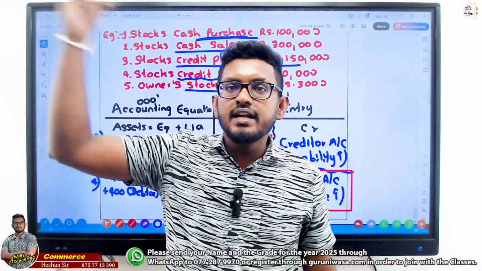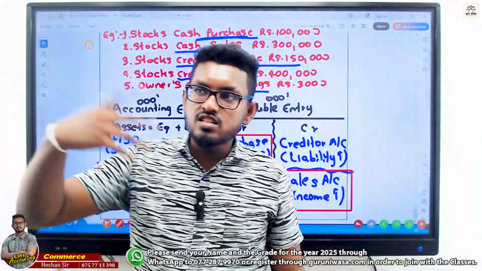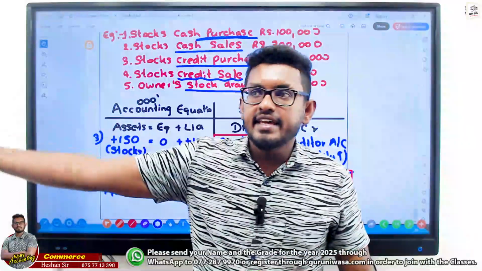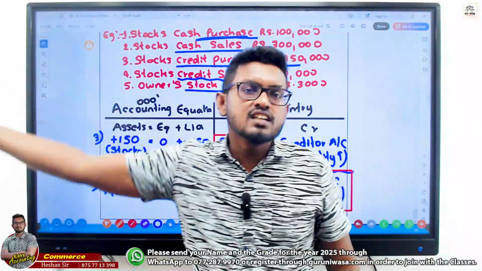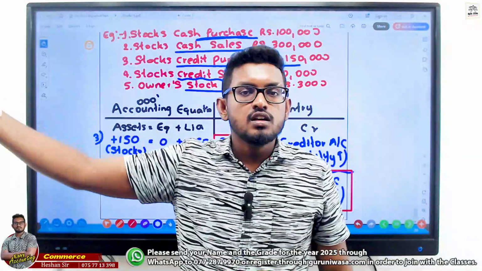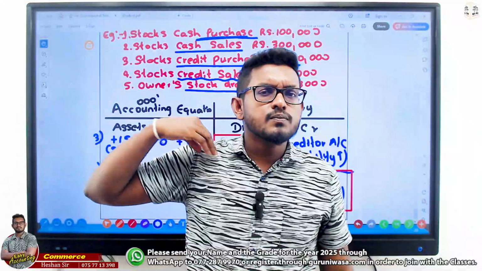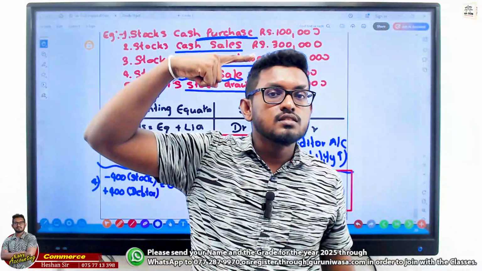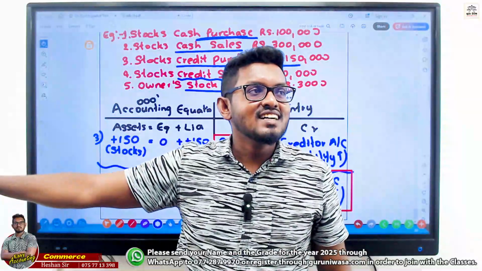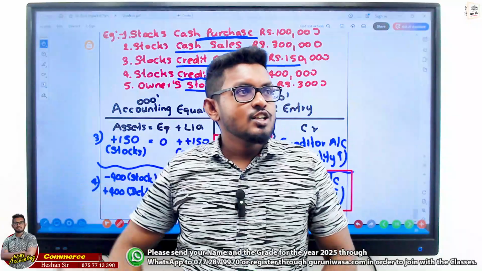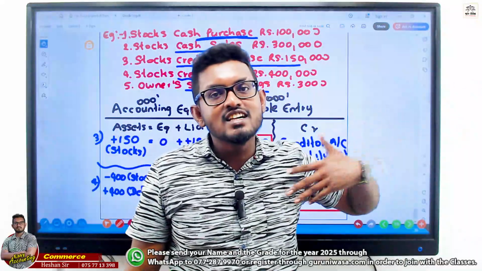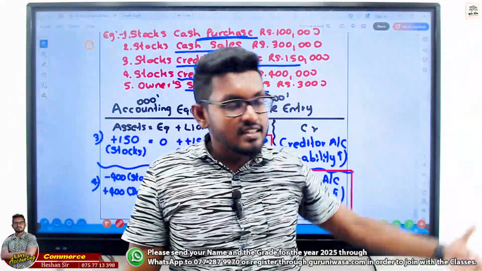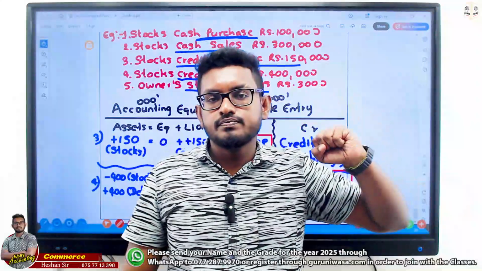Purchase කරද්දි debit වෙන්නේ purchase account. When we cash purchase of goods, purchase account debit, cash account credit by cash out. When we credit purchase of goods, purchase account debit, creditor account credit. Understood? Right? Though it's a cash sale or credit sale, when we sell the stocks, the credit entry is sales account.